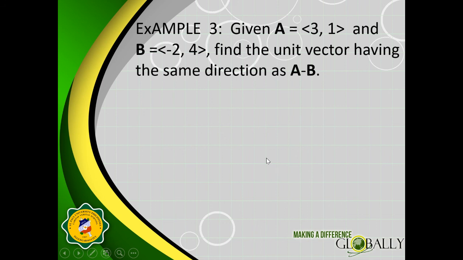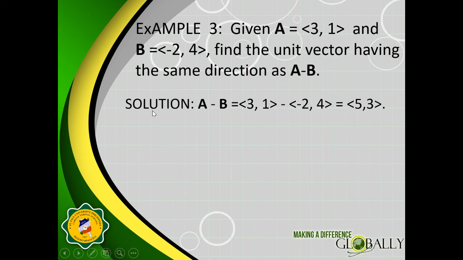Example 3. Given A equals (3, 1), and B equals (-2, 4). Find the unit vector having the same direction as A minus B. Solution: we first calculate A minus B. It equals (5, -3).